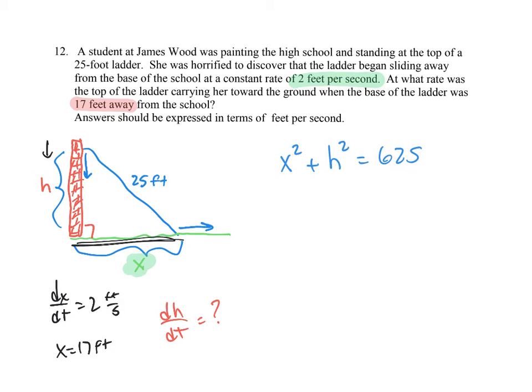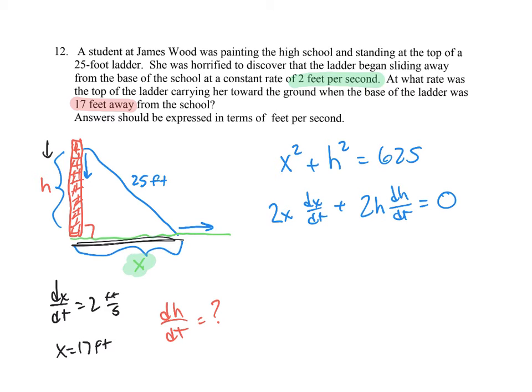So we have this formula. Let's go ahead and do the derivative implicitly, and when we do that, we get 2x dx/dt plus 2h dh/dt equals 0. A lot of people would put 625 there. Please put 0 because the derivative of that constant is 0.